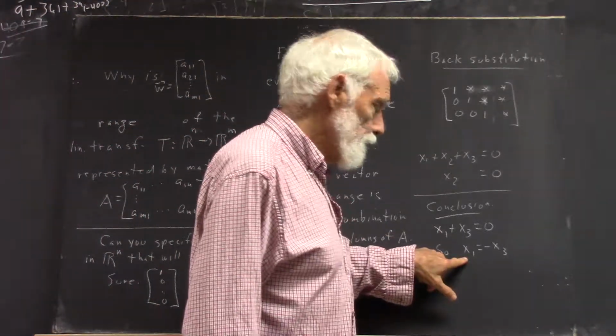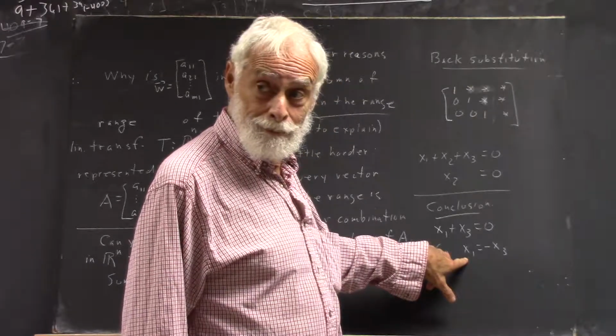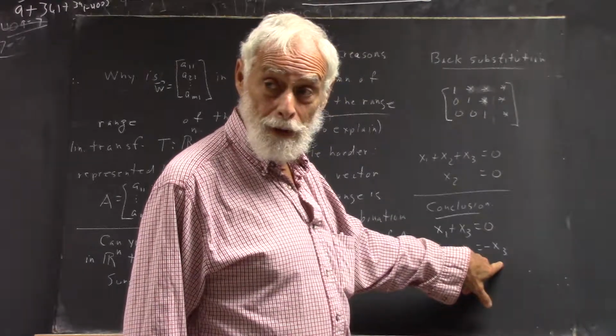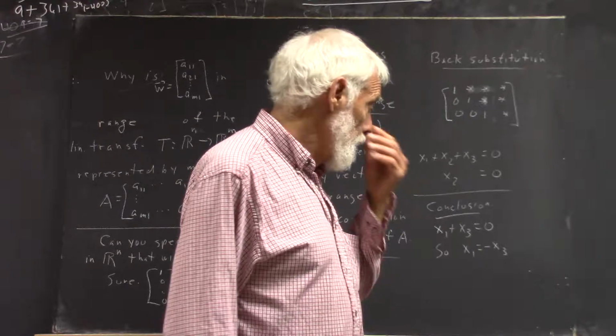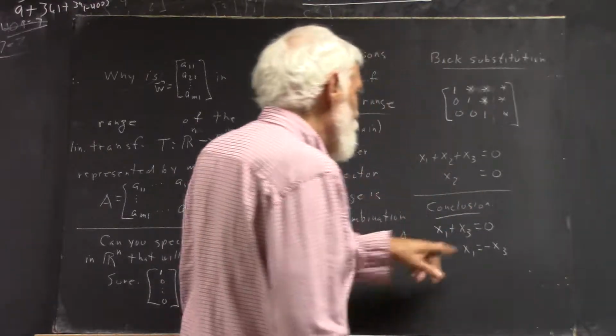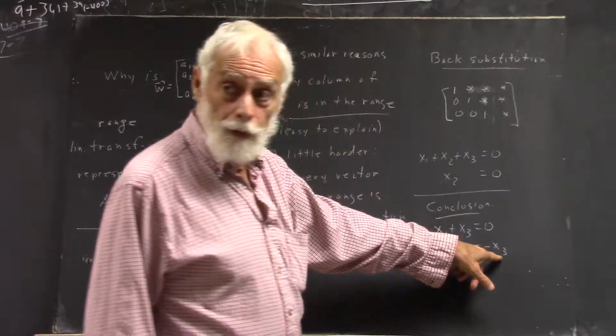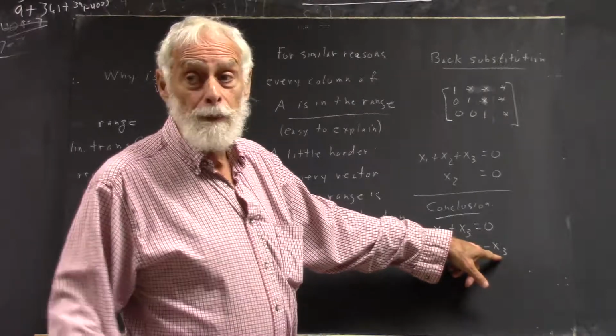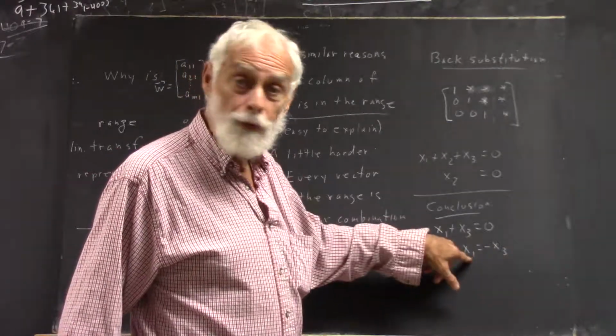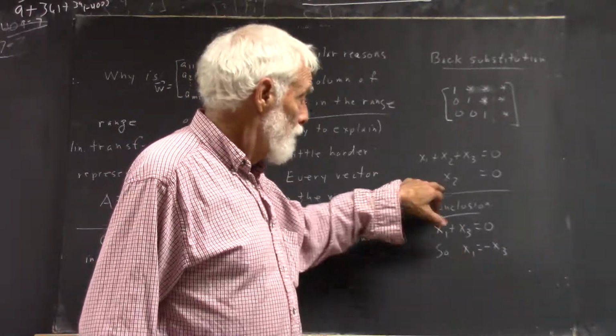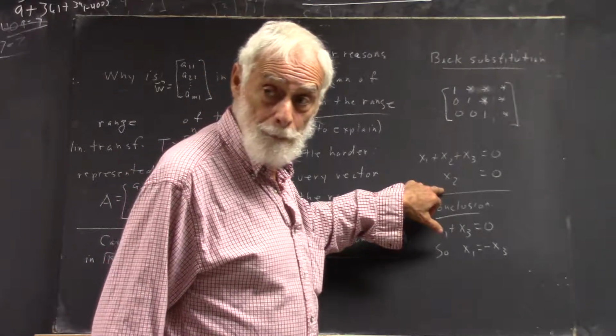whichever one of these you solve for, whichever one's on the left, is solved in terms of the one that's on the right. So now we could say, okay, well, the one on the right is what we're going to call a free variable. You can take any number, take any value, and that determines the value of this one. And we've already determined the value of this one, right?